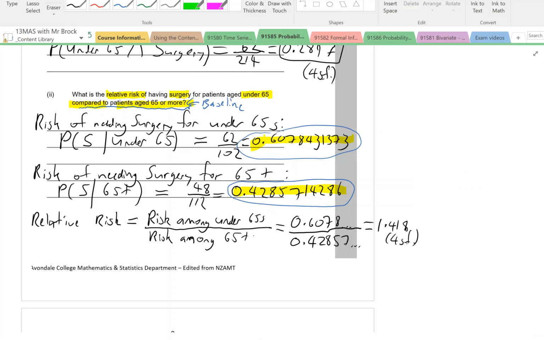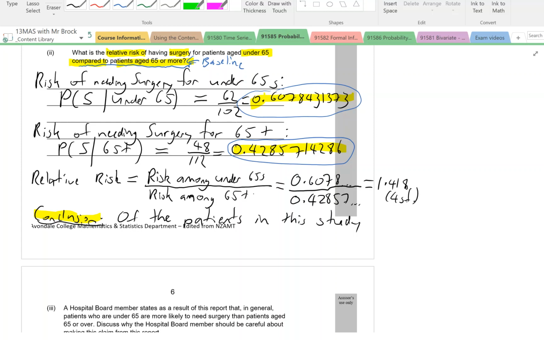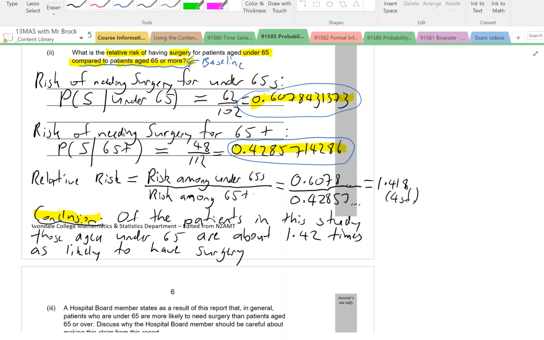What's that saying? And we want to say a sentence like this. So of the patients in this study, because we can't necessarily apply it or extend the findings beyond the study, so of the patients in this study, those aged under 65, that's the first group, are about 1.42 times as likely to have surgery as those aged 65 and older.